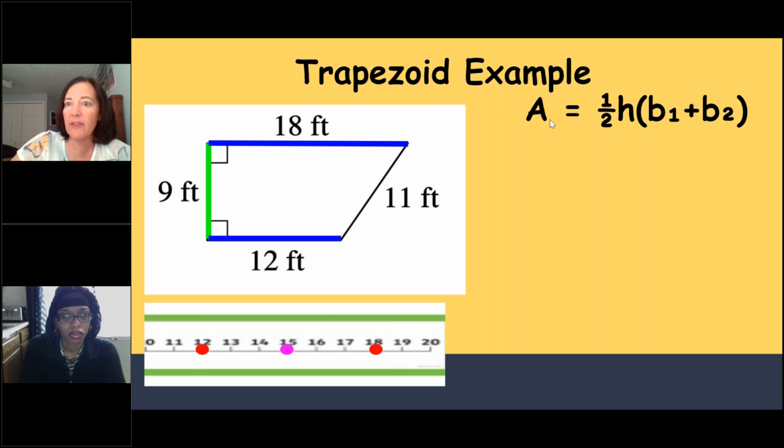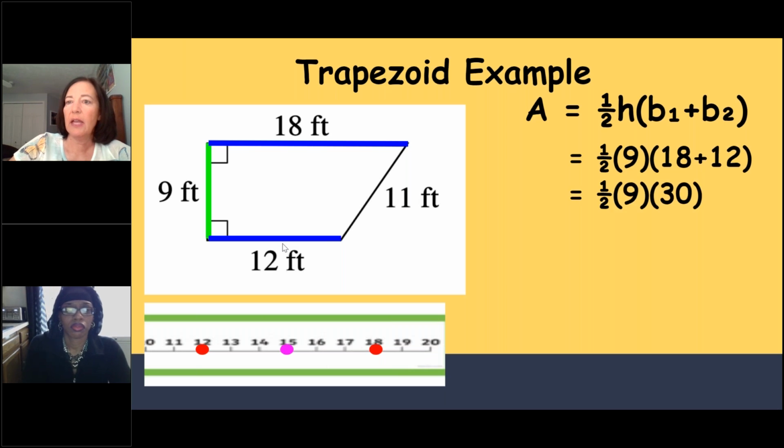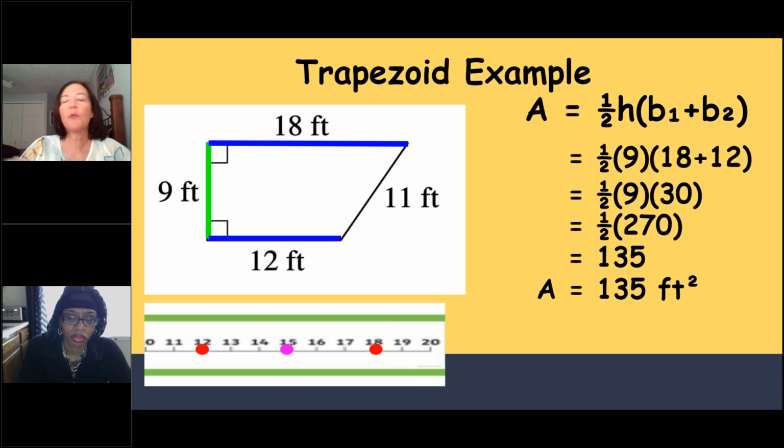We can just plug in the values. 1/2 times the height, which was 9, times base 1, which was 18, plus base 2, which is 12. Plug all that into your calculator and you come up with the answer, 135. And whenever we're talking about area, we always talk about our units squared.